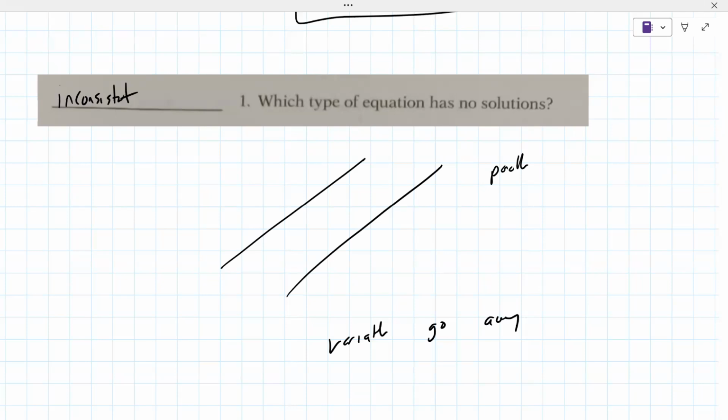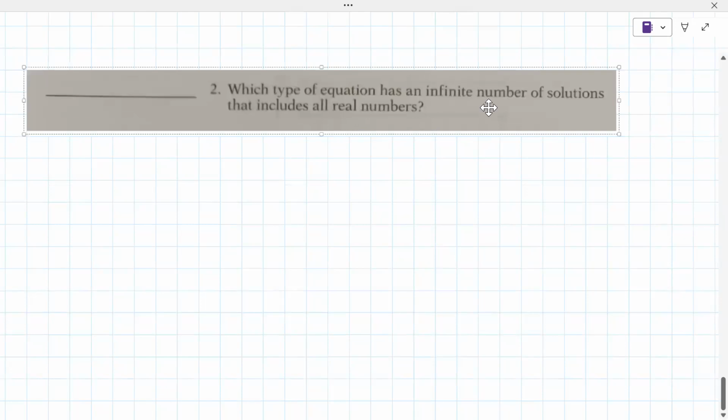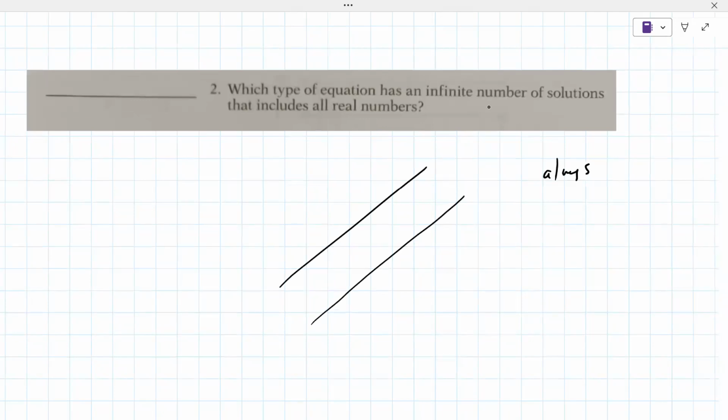Okay. Well, number 2, probably kind of the same type of situation here. What if it has an infinite number of solutions? It's always true. And that is typically dependent.